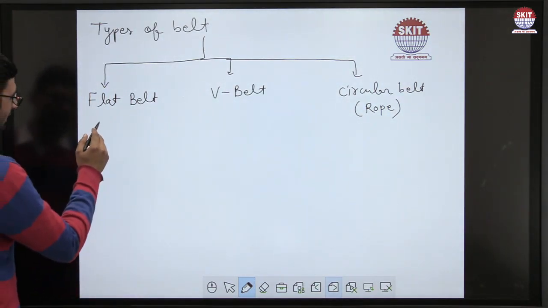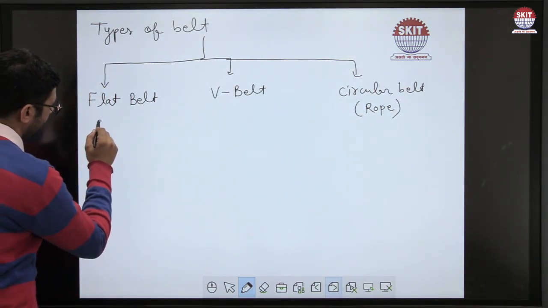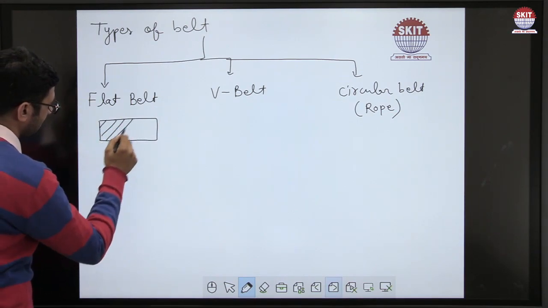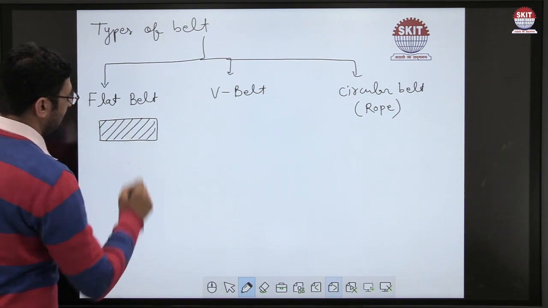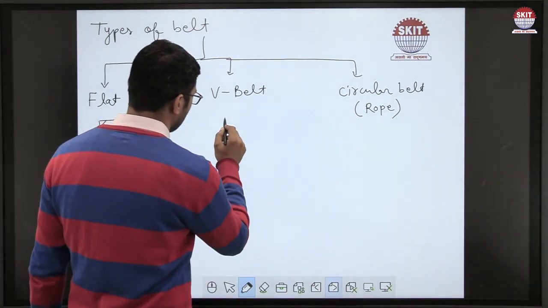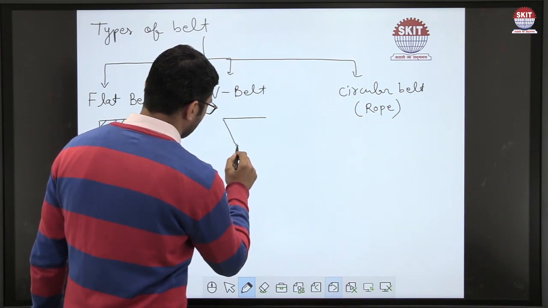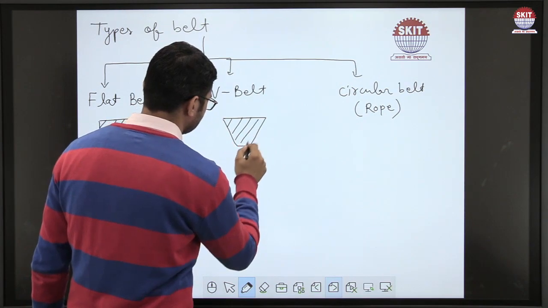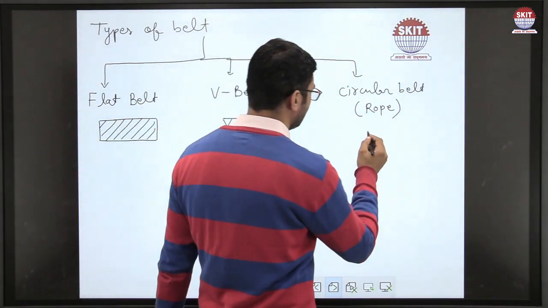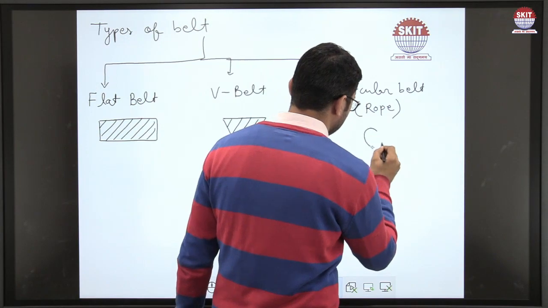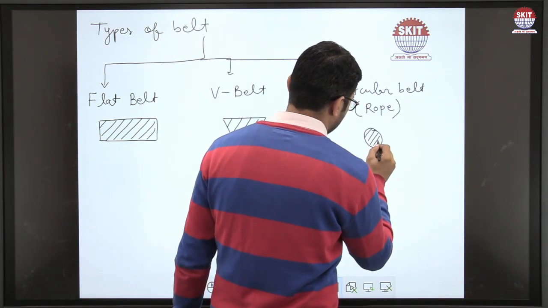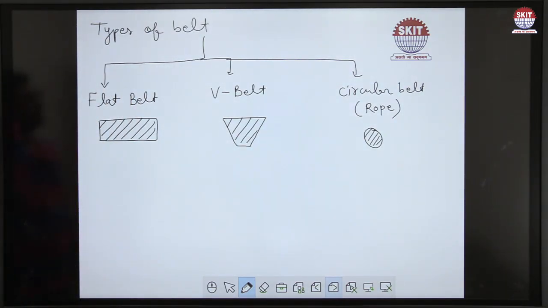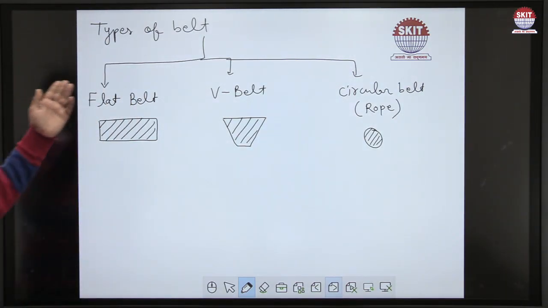The cross section of the flat belt is a rectangular shape. This is the cross section of the flat belt, and the cross section of the V belt is trapezoid shape, and the cross section of the circular belt is circular, which is also known as the rope. So rope is a special case of the types of belt.